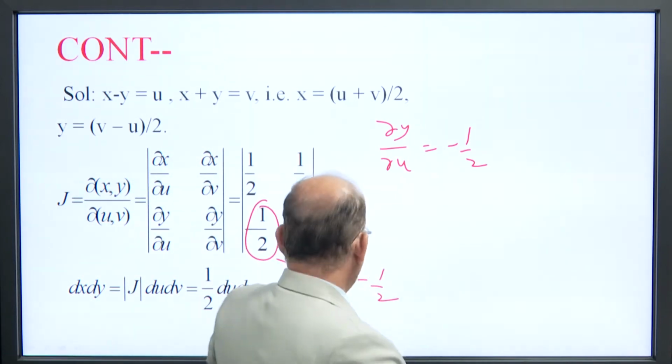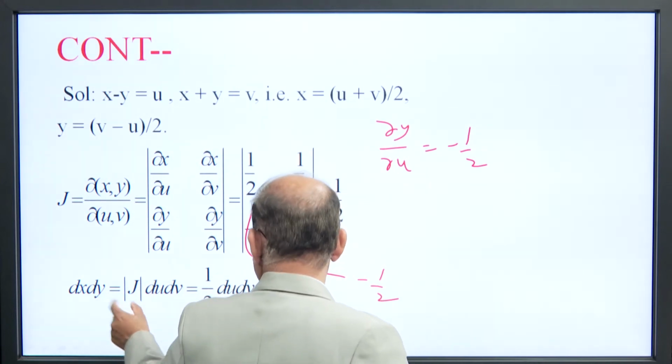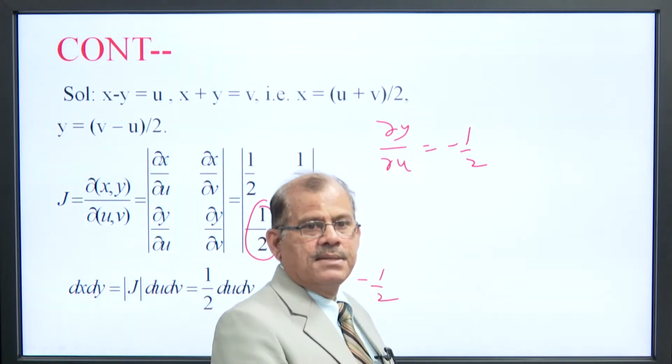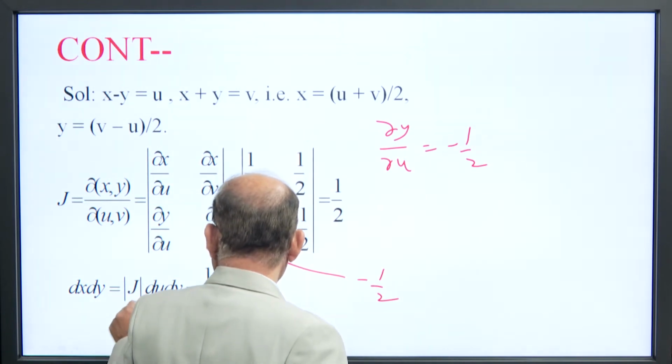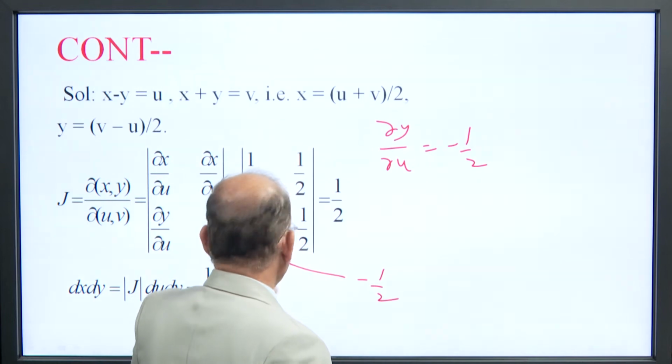This is the required value of J: dx dy is transformed to the determinant J du dv, that is 1/2 du dv.